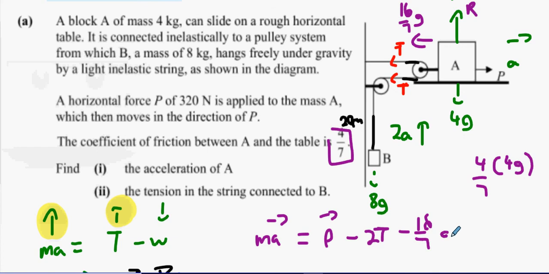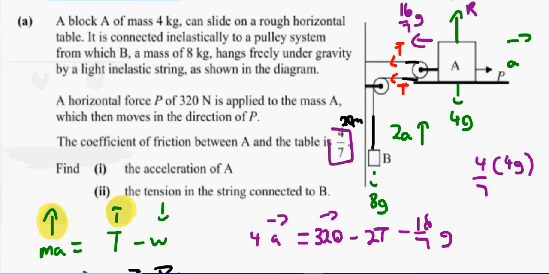Yeah. And MA is simply 4A, is it? Oh, sorry lads, it tells us what P is. So P is 320, isn't it? You should have said 320 at the beginning. Anyways, here we are.